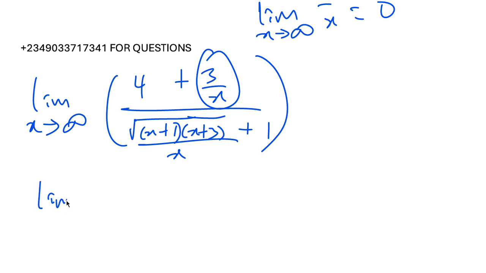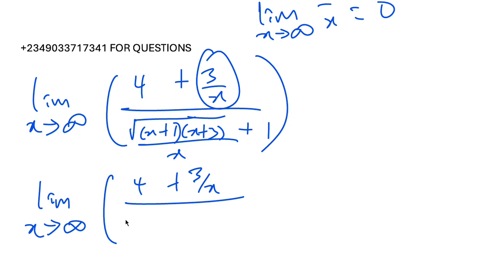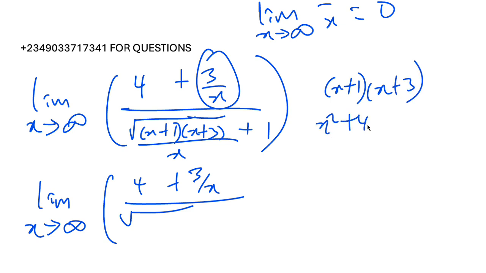So we then have the limit as x tends to infinity of 4 plus 3 over x, all over the square root of (x plus 1)(x plus 3), which expands to x squared plus 4x plus 3, divided by, instead of x, we write the square root of x squared, then plus 1.